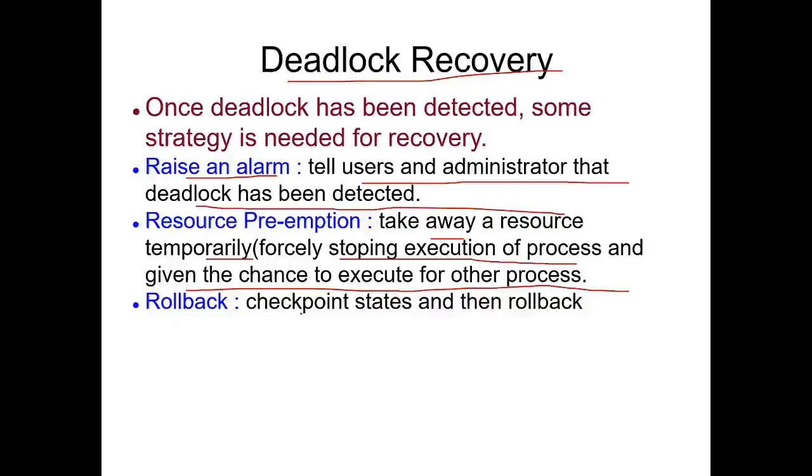Rollback. Checkpoint states and then rollback. We have seen that in competitions, when there is a running race, to check the health of the persons, there are checkpoints at different places. Whenever the person reaches these checkpoints, the person's health is checked up and then he can proceed.